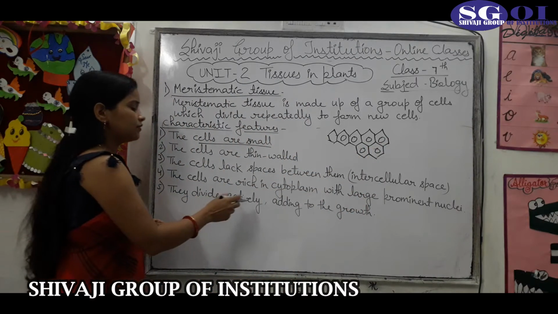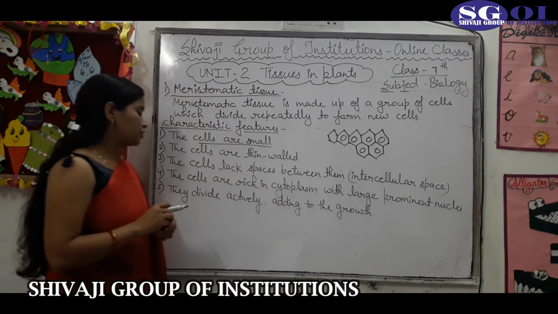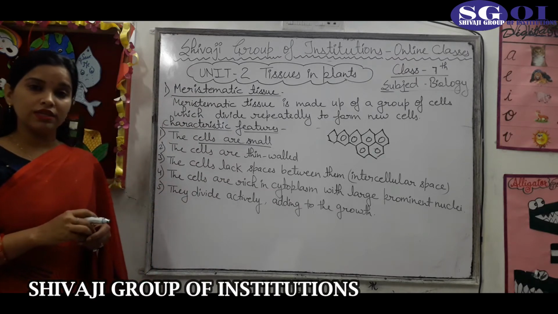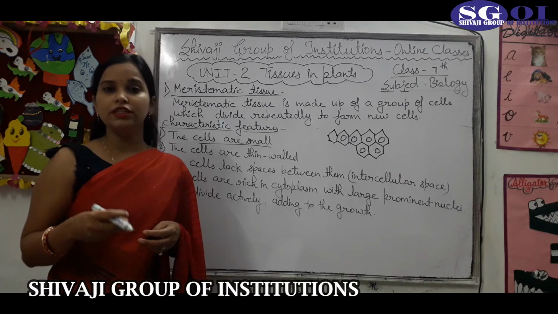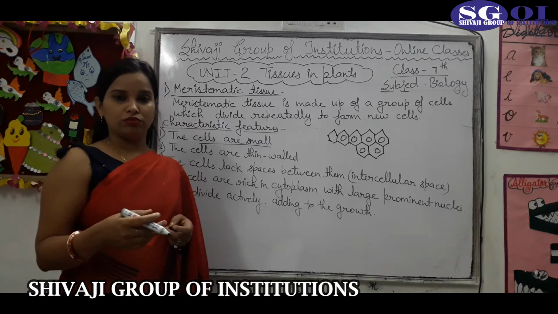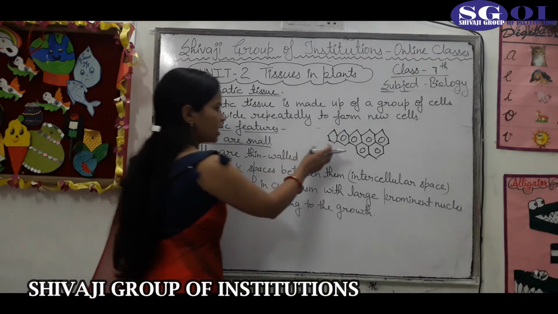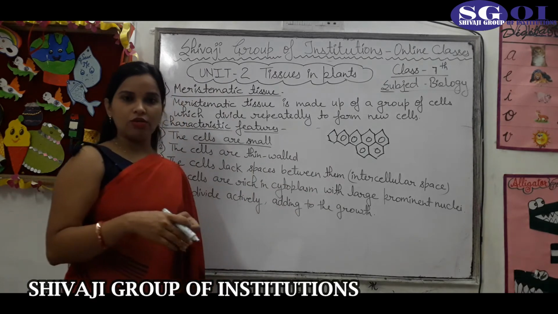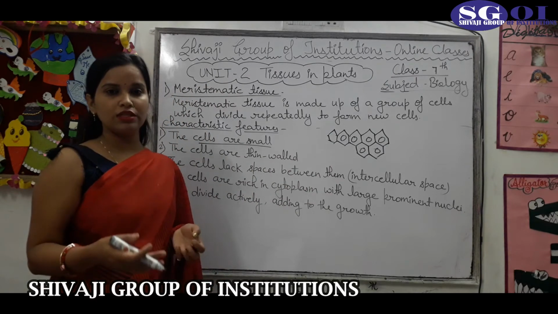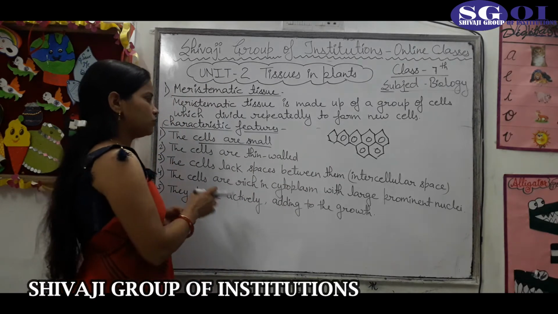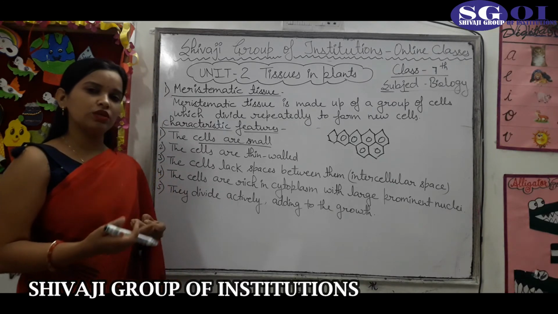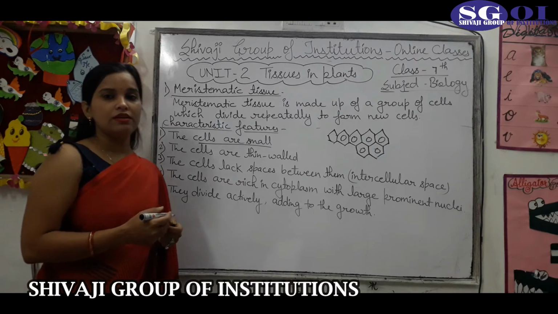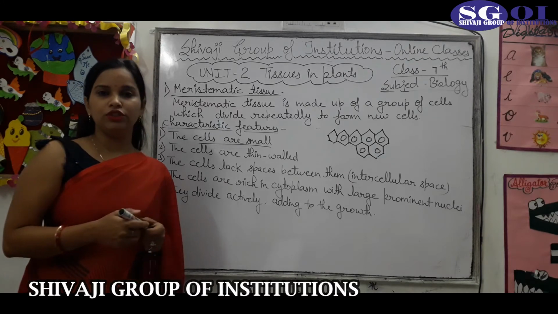Cells divide actively, adding to the growth. Actually, the cells are in the division phase, so they repeatedly divide and grow, and keep producing new cells. This type of cell forms meristematic tissue. Second is the permanent tissue.